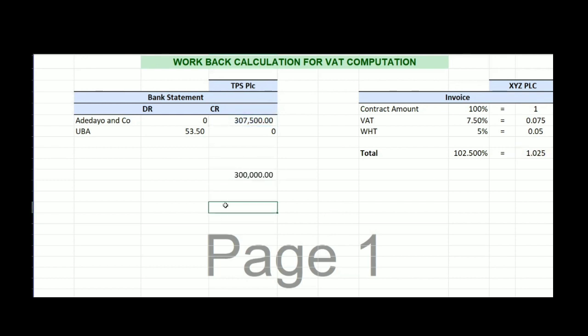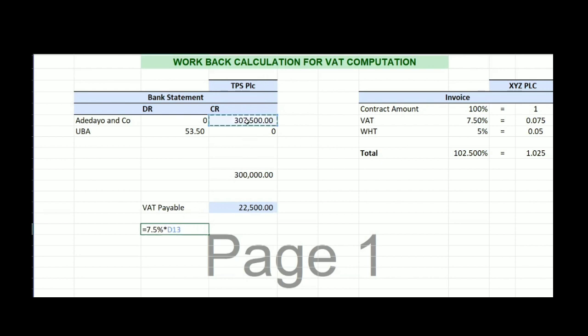So ideally my VAT computation would be 7.5% times this contract amount, and VAT payable will be 22,500, instead of slamming 7.5% on the exact amount from the bank statement.